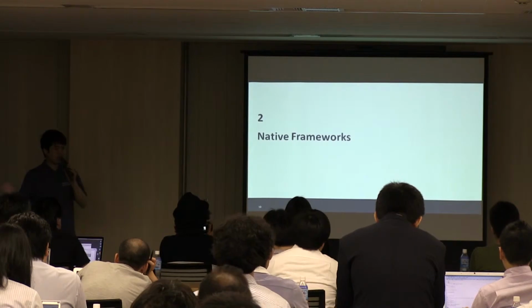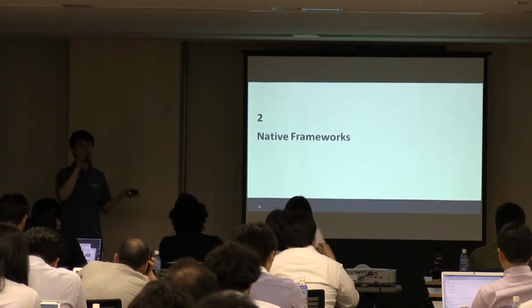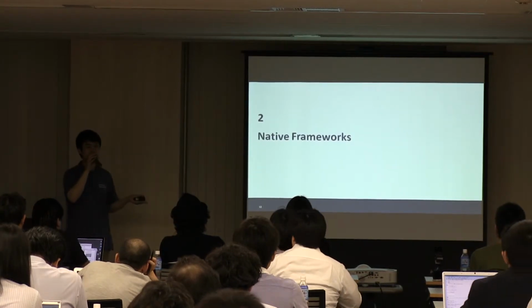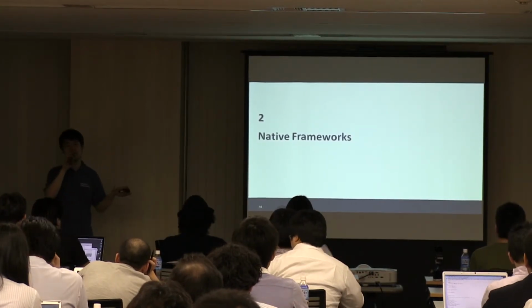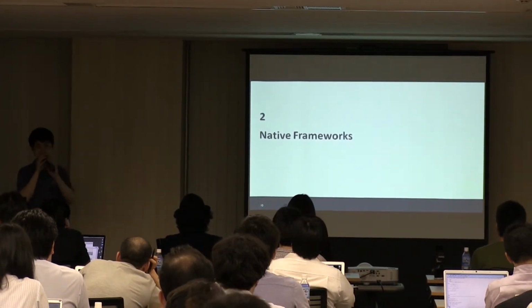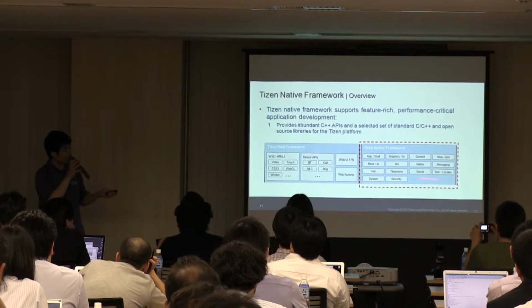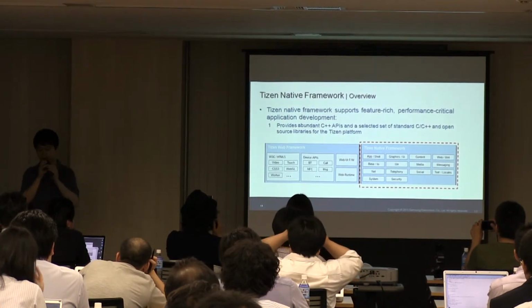So I just told you about the hybrid approach. Now it is time to introduce what kind of native features are provided by the Tizen platform. It shows you another side of the framework.